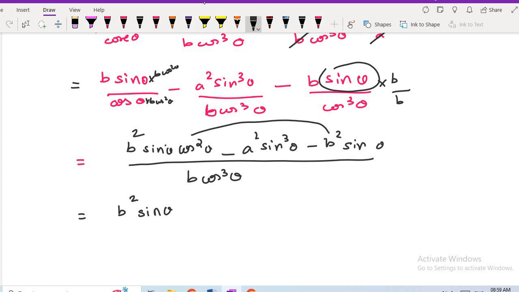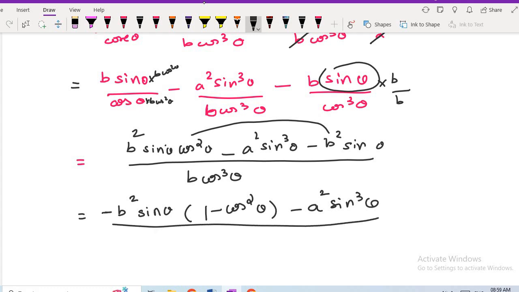Because of the square we are not able to get the answer. The remaining terms: this term becomes 1, this term becomes cos square theta, and then minus a square sin cube theta divided by b cos cube theta.